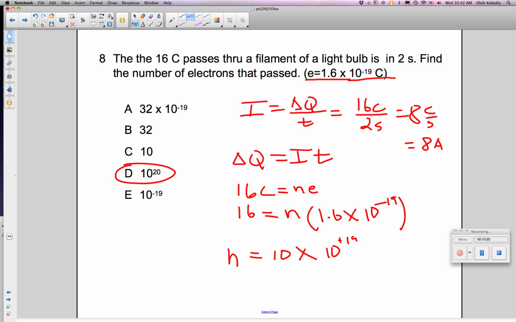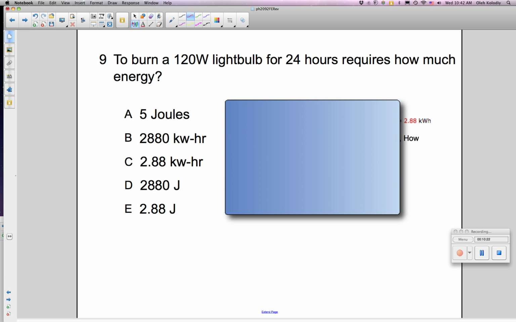How many joules per second? 120 joules per second multiplied by 24 hours, which means it's 24 times 60 minutes per hour times 60 seconds per minute.